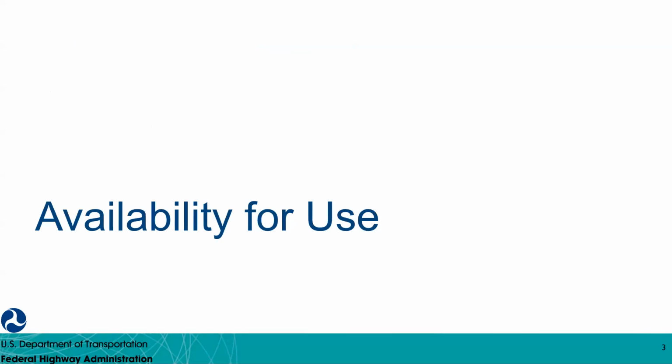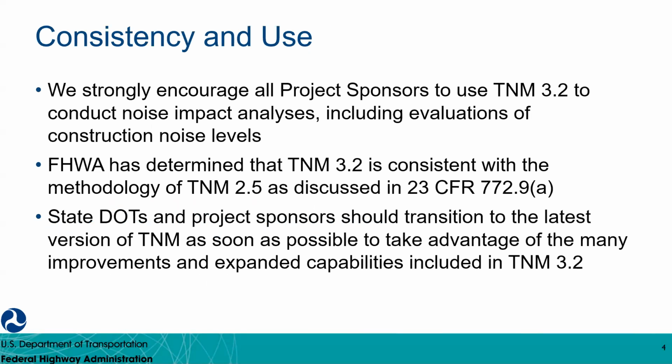With that, I would like to briefly discuss the availability for use of TNM 3.2. Next slide. As you may or may not know, the FHWA has allowed the TNM version 3 series for use since its release. With the release of version 3.2 and the integration of what used to be the roadway construction noise model, we're further encouraging state DOTs, grantees, and anyone else who uses TNM to make the move to the latest version. You may have seen the language on screen in the release email that went out last month.